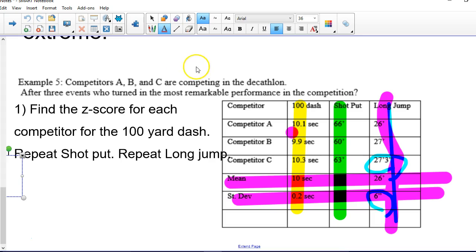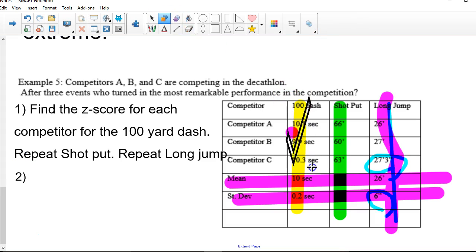Step 2. You now have a z-score for each event for each competitor. You are going to add up the z-scores for each event for each competitor. But before you do that, we need to talk about the 100-yard dash.